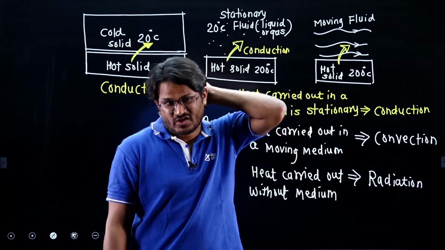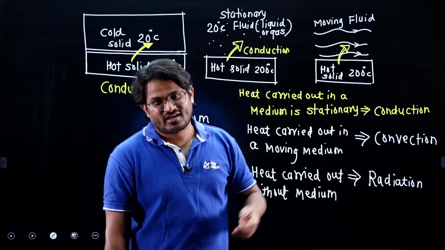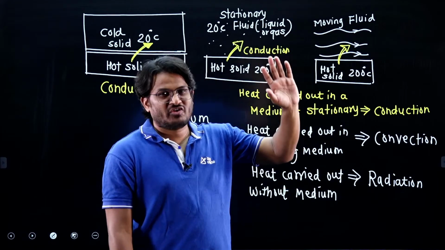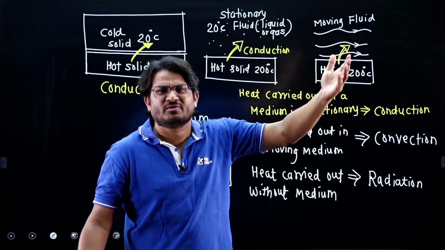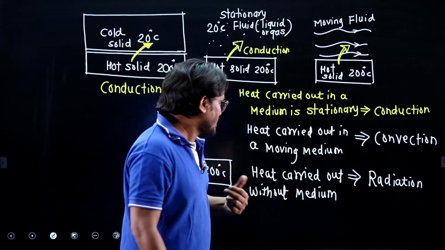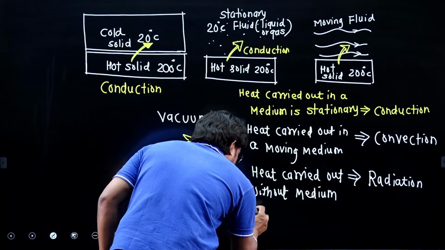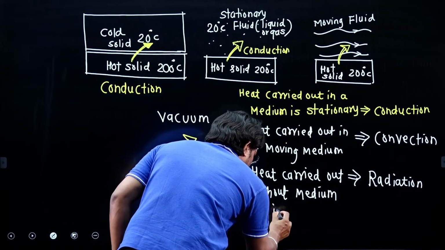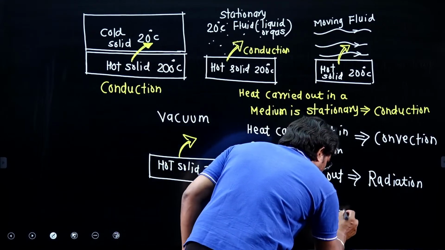Then you will say, sir, how is it possible? Of course it is possible. How do the sun rays come to earth? In between there is a vacuum. Between the sun and earth, nothing is there. Most of the space is empty, vacuum, but still something is going on, because radiation is due to electromagnetic waves.